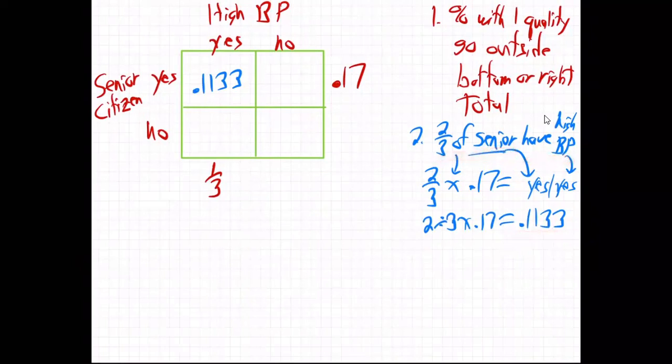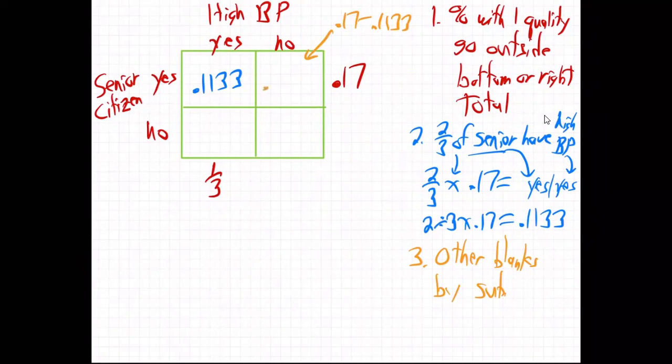Okay. Now, how do we get the next parts of this? We get it by subtraction. So the other blanks by subtraction. So that would be the blank right here. I'm going to go 0.17 minus 0.1133 on the calculator. I'm getting 0.0567.